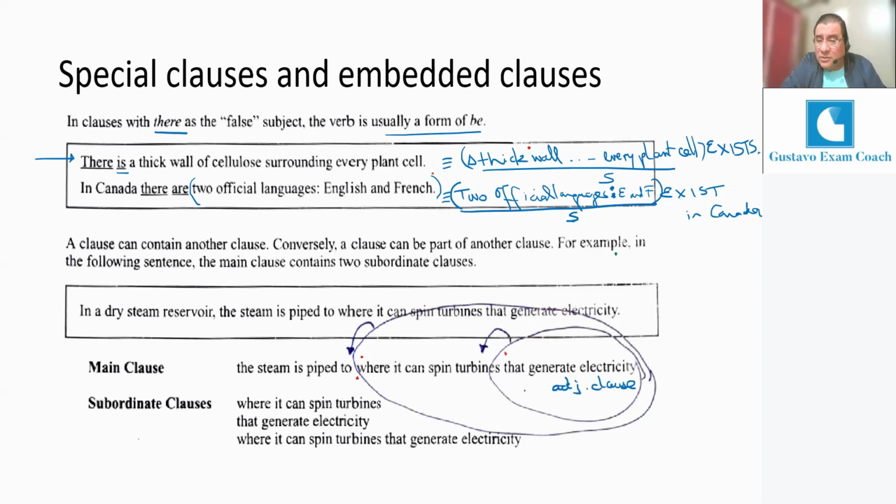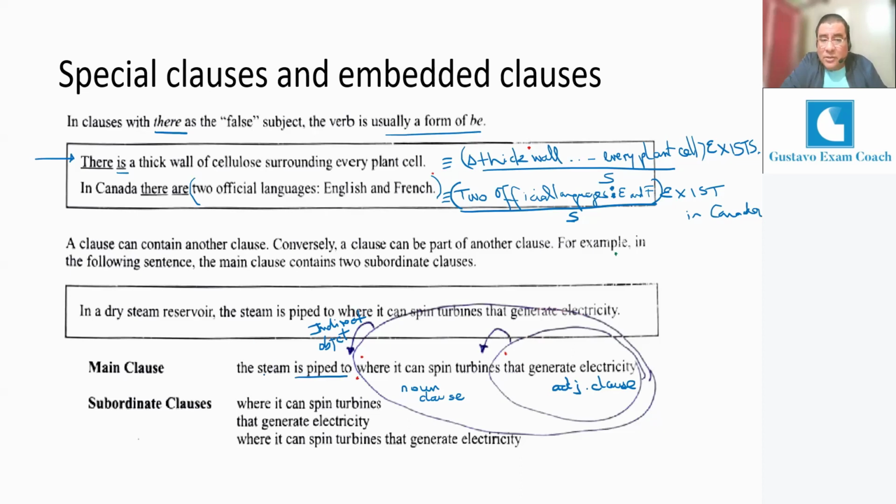This adjective clause is modifying turbines, and at the same time, turbines is part of where it can spin turbines, which is another subordinate clause, right? And this subordinate clause is a noun clause. And the whole thing, right? This noun clause works as an indirect object for the verb piped.